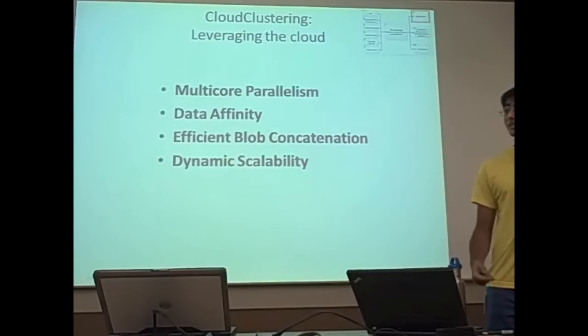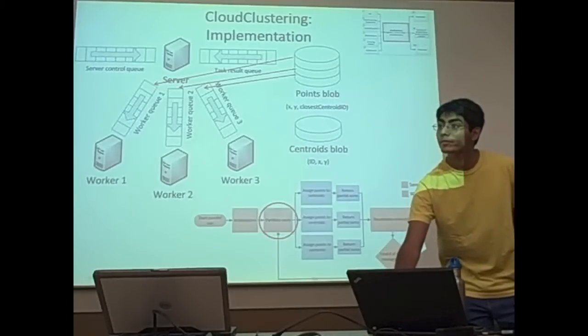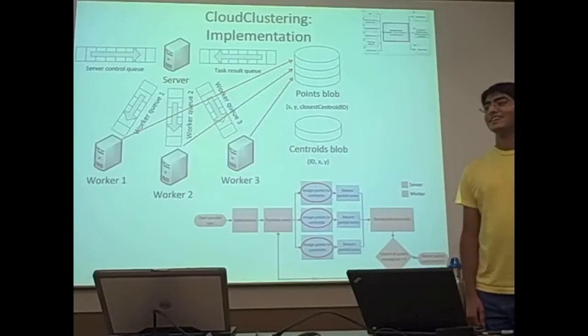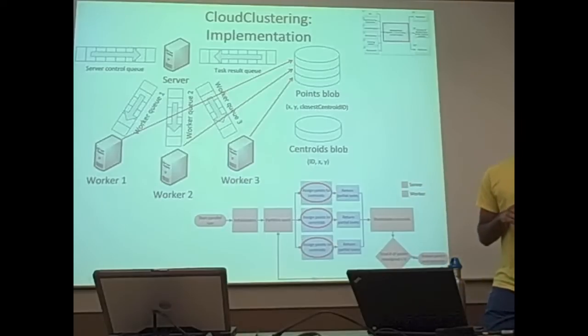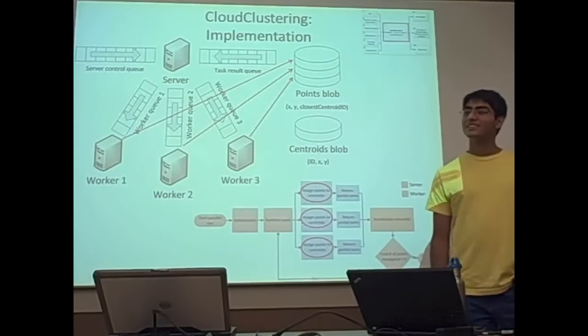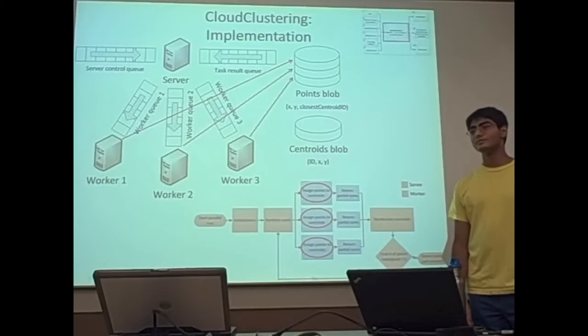I have a question about the previous one. You don't need to keep track of these assigned centroids if you create the stop condition by calculating the difference between the centroids. That would be a great optimization, which is a modification to the actual algorithm, which I'll go into in the future work. But we are not sure it's correct. Is it exactly the same as this convergence condition? It may be different.